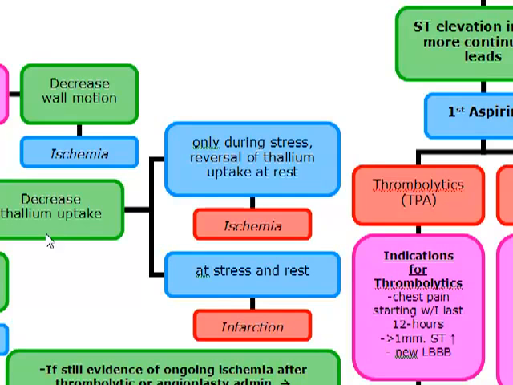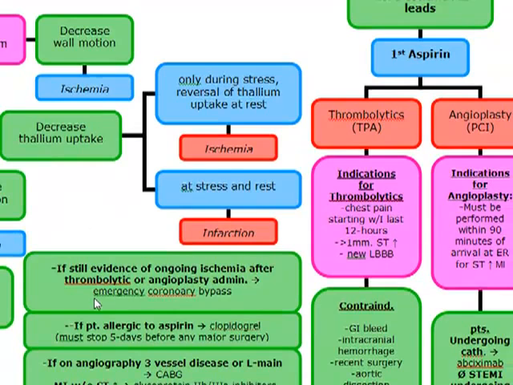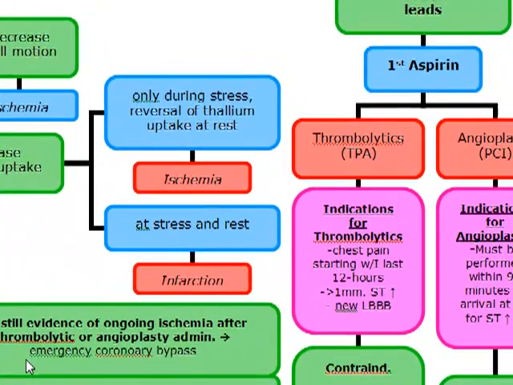And CABG is indicated if there's evidence of significant left main coronary artery disease, if there's greater than 70% stenosis of the proximal left anterior descending artery and proximal left circumflex arteries, if there's 3-vessel coronary artery disease, if there's significant proximal LAD disease with 1 or 2 vessel disease plus an ejection fraction of less than 50%, or a large area of myocardium at risk on non-invasive testing, or if there's 1 or 2 vessel disease with a large area of risk for myocardial disease and high risk criteria on non-invasive testing.